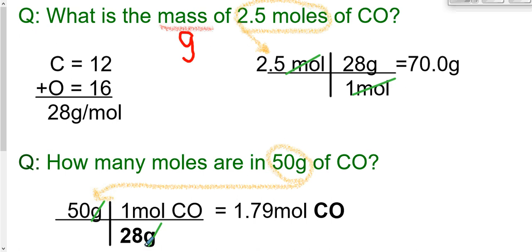Put the units I want to solve for on the top of the line. The word moles will go on the top of the line. Again, what is true? It's true that 1 mole weighs 28 grams. This time we're going to divide. 50 divided by 28 is 1.79. Again, since the units grams on the top cancels the unit grams on the bottom, and the only units we have left are moles, we have 1.79 moles of carbon monoxide.